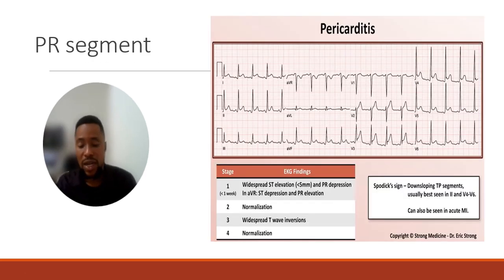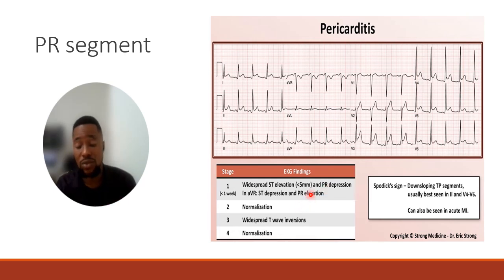Now, pericarditis is also one of the things that you will need to learn when you are looking at the PR segment or PR interval. In pericarditis, we might notice that the PR segment, in particular, is actually depressed or elevated.